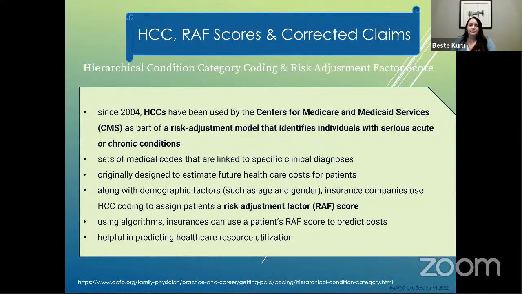They were originally designated to estimate future healthcare costs for patients. Along with the demographics of the patients, insurance companies use HCC coding to assign patients a risk adjustment factor, which we call a RAF score. And this helps in predicting healthcare resource utilization and costs.